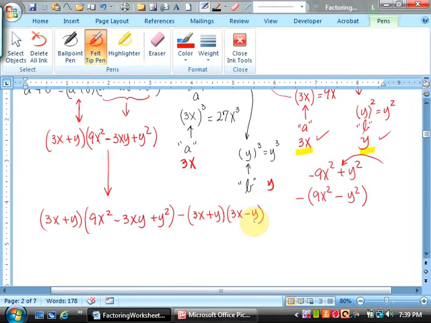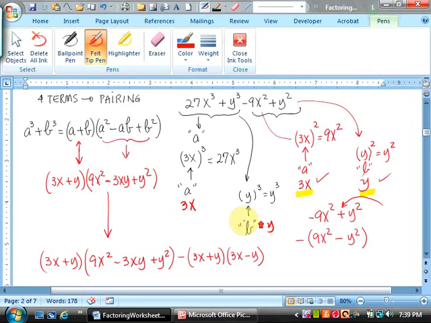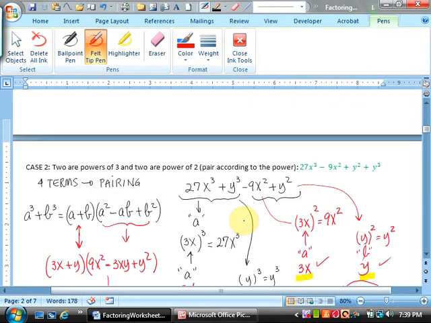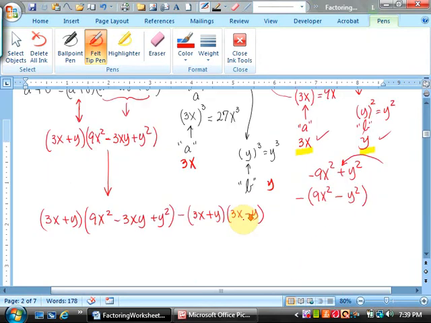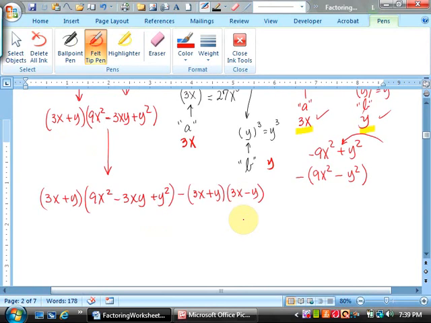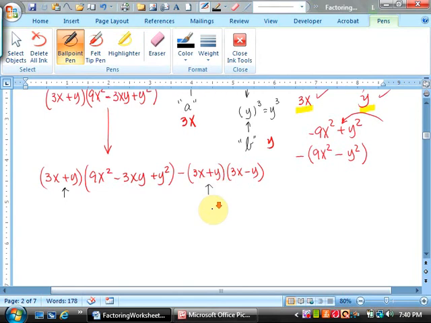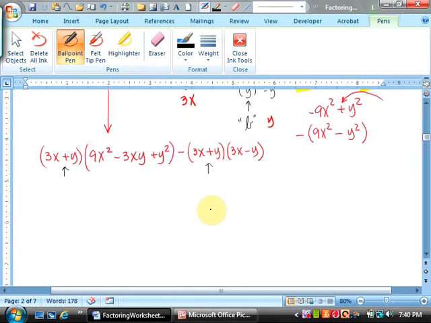Okay, so this is done, but it's actually not looking quite good, because we can easily spot that we have 3x plus y and we have 3x plus y. So we want to improve this a little bit by factoring out the 3x plus y. So I'm going to pull out 3x plus y.